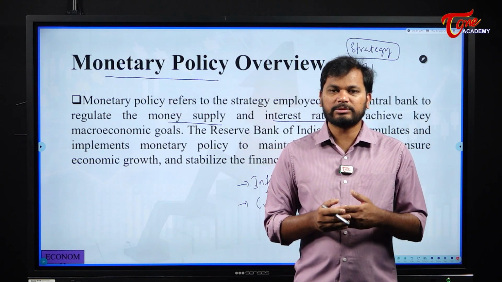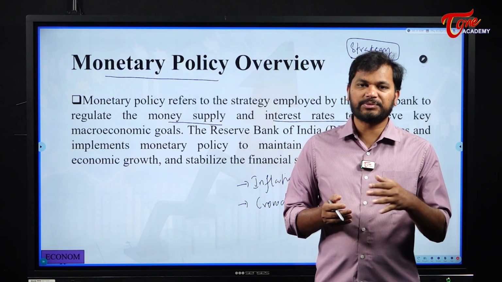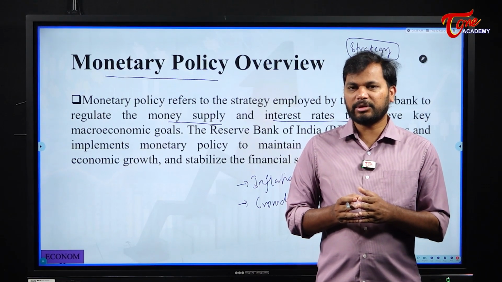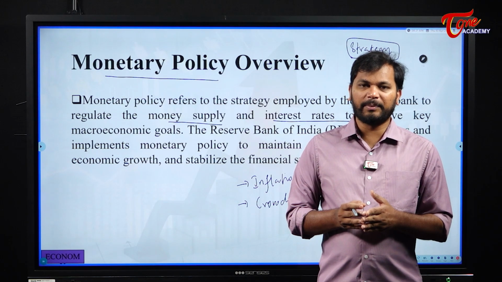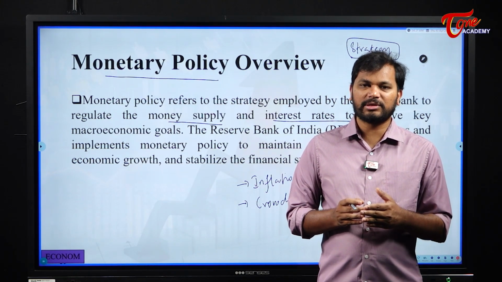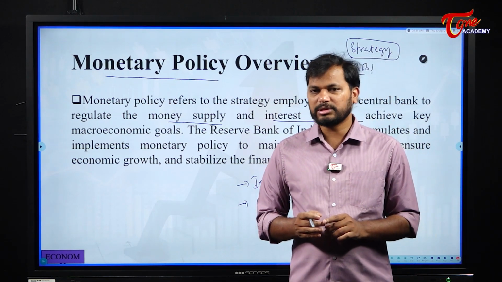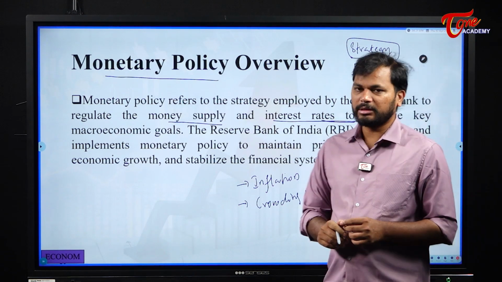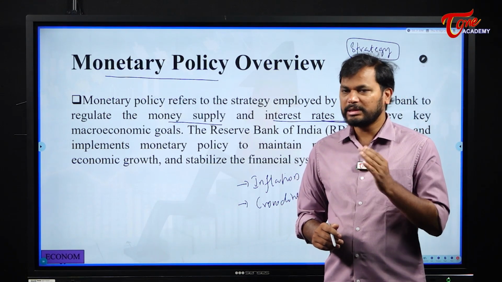They will not be able to mobilize their investments from the market or the banking system, so they tend to withdraw their companies, or they tend to demotivate, and as a consequence there is no demand or growth. That is the reason the money supply and the interest rates need to be regulated in the market, and that strategy is employed by the RBI, the central bank.